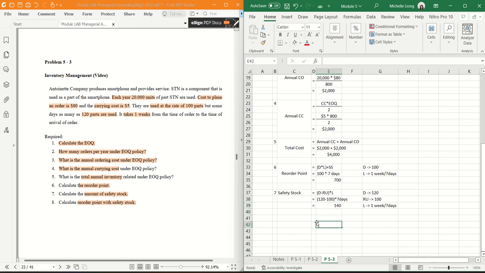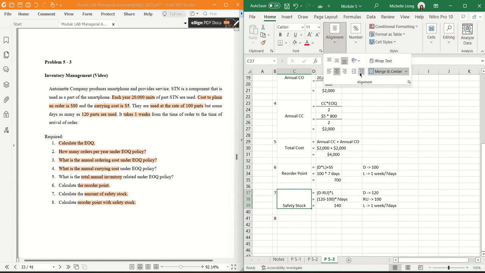Meanwhile, the last one is the reorder point with safety stock. This is the point where we use the safety stock.